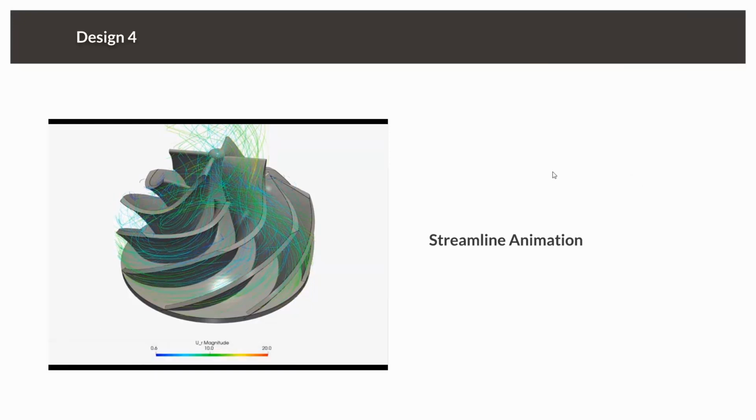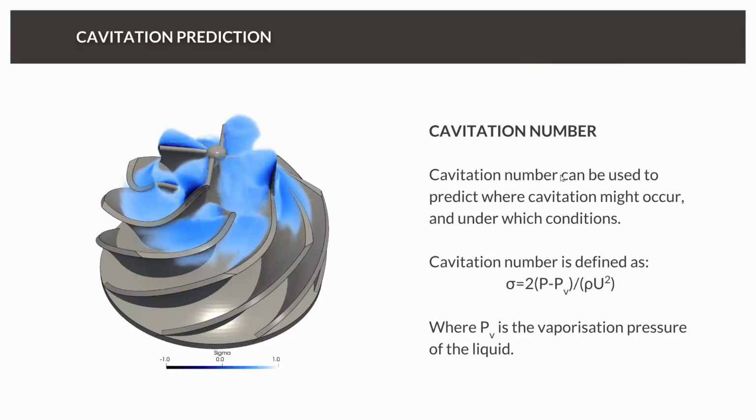Yes, and another very important point is cavitation prediction. As you know, cavitation can be a big problem in pumps, and by cavitation, we describe the effect where due to very high rotating or angular velocities, we can see a formation of gas bubbles.